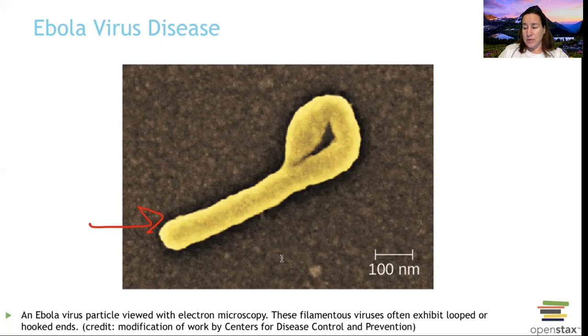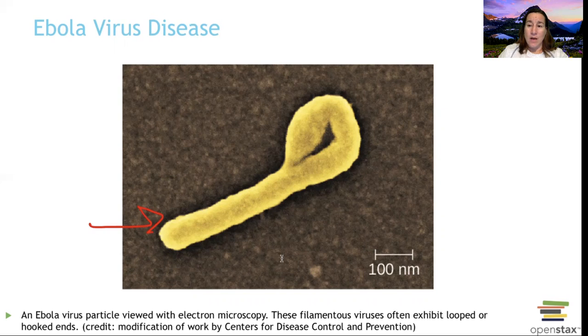How is Ebola spread? You contract this through bodily fluids. You can also contract Ebola by handling fomites. If you're not wearing PPE and you are in contact with bedding that somebody has been sick on, or towels or anything like that, that can spread Ebola too.